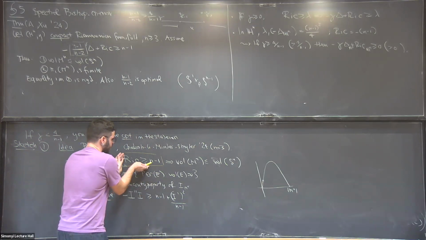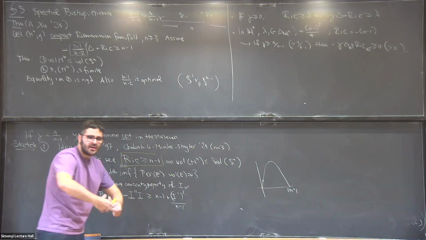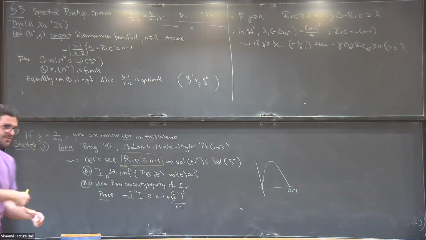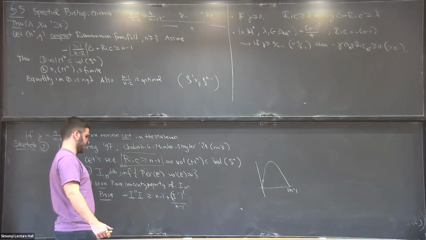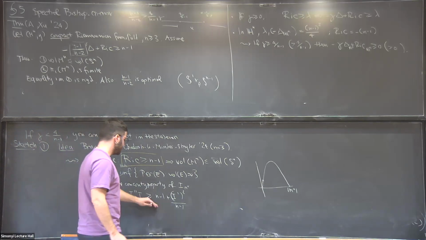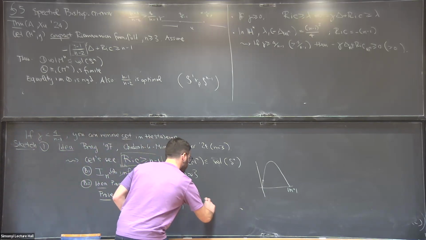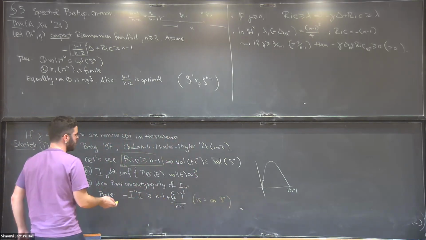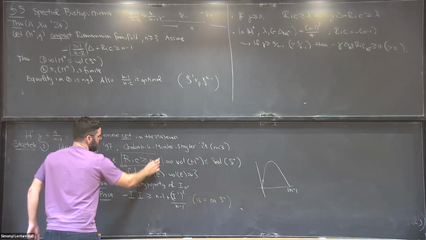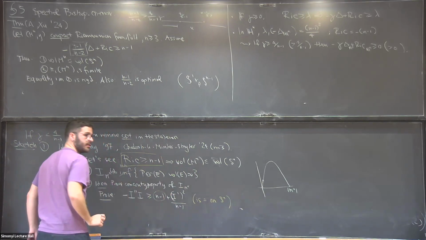Why is the Ricci lower bound important here? Because when you do the second variation in a Riemannian manifold, you see the Ricci curvature in the normal direction of the isoperimetric set. And this one is an inequality on the set. A way to understand this inequality is that the lower bound that you have on Ricci, you will see it here.